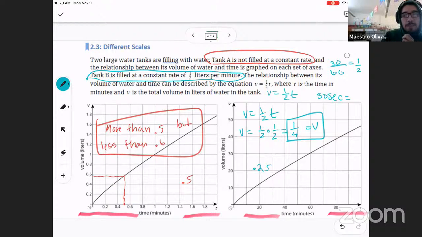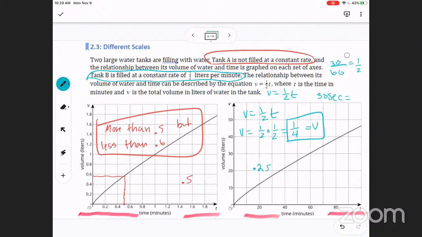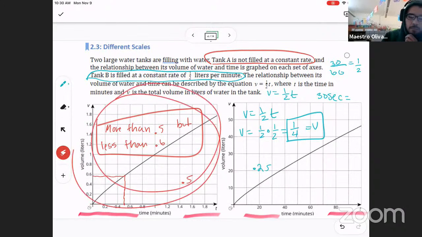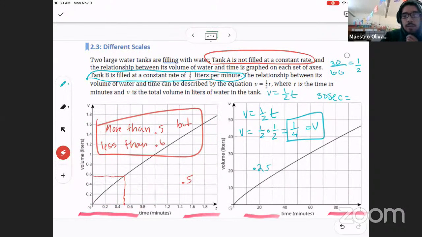Yeah, 2 times 25 is 50. So that's why I said red at 30 seconds. Do y'all agree with Virgil's explanation? He converted 1/4 as a fraction to a decimal, and he saw 0.5 is bigger than 0.25. So then the red graph should have more water at 30 seconds.